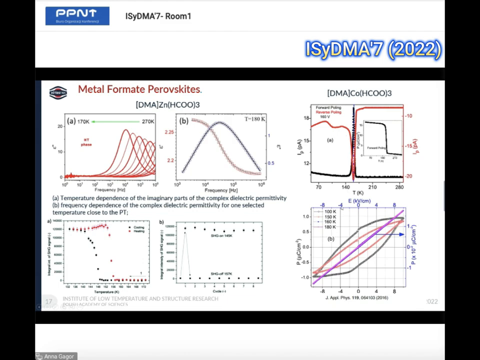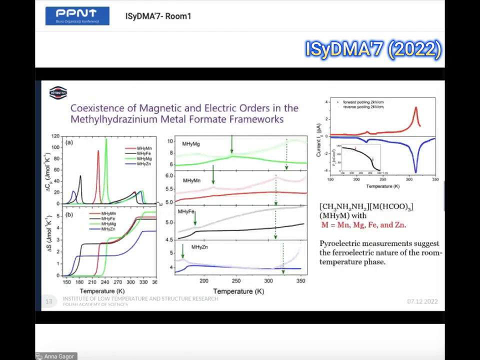It is very difficult to obtain hysteresis loops, but some were also reported. And in the ferroelectric or polar phases, we can switch the signal of the second harmonic generation. So a huge family of compounds with nice ferroic properties, magnetoelectric coupling, easy to synthesize, and quite stable.